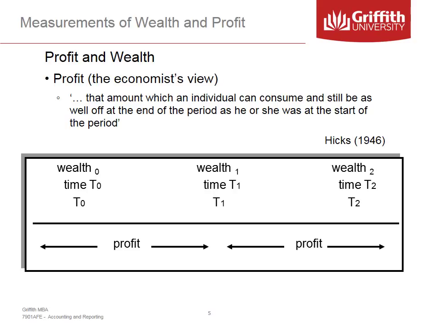In other words, we can consume it without having any net impact on our wealth. And so you'll see the little diagram there, measured at time period 0 and at time period 1 and at time period 2. But look at the bottom, and the movement from time period 0 to 1 is described as profit. And then again, the movement from time period 1 to 2 is described as profit.